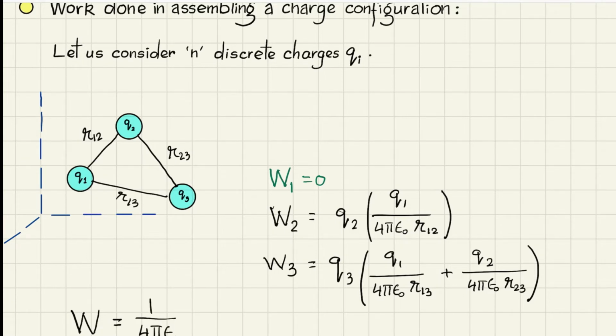So 1 by 4 pi epsilon naught is common, so I can take it out, and this is Q1 Q2 by R12 plus Q1 Q3 by R13 plus Q2 Q3 by R23. I've just written down all the terms.